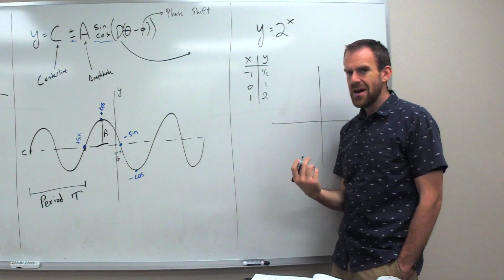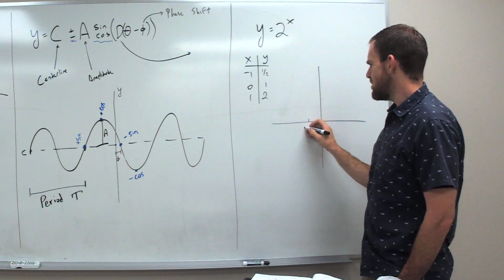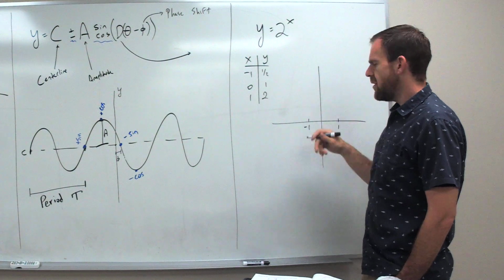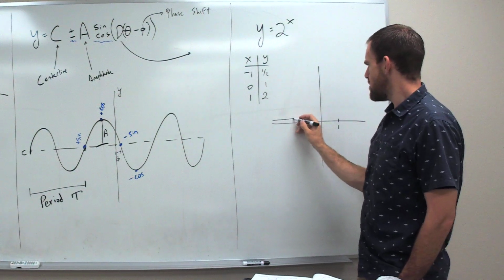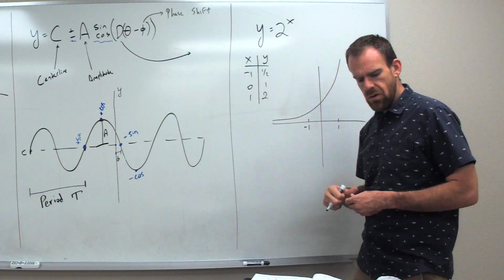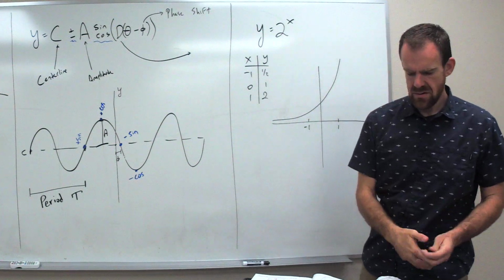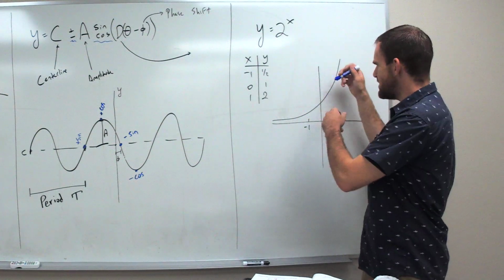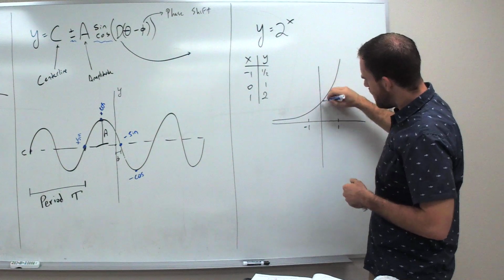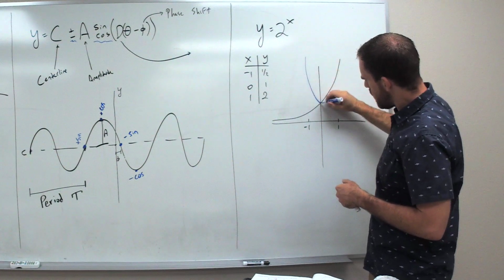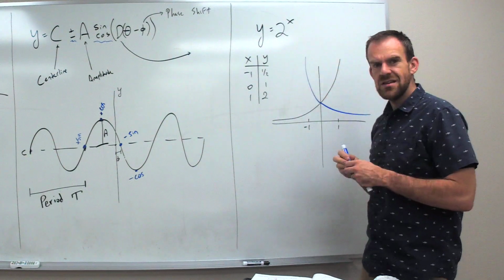The only two ways an exponential ever looks is either like this or like this. It can be spread out, it can be steeper or shallower, but basically you have these two shapes.